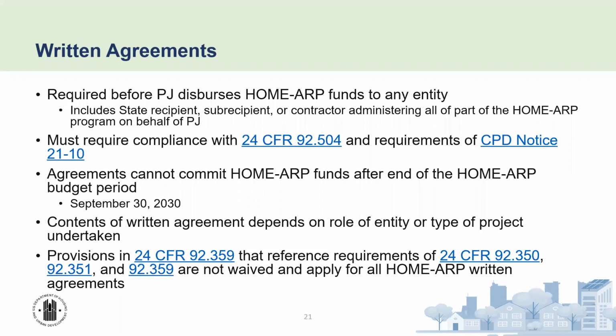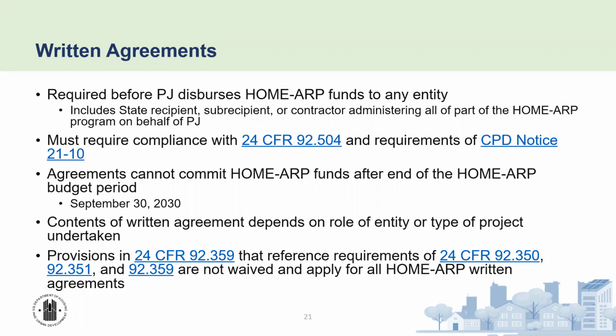Before a PJ can disburse HOME-ARP funds to any entity, the PJ must enter into a written agreement with the entity pursuant to 24 CFR 92.504. Similarly, for funds disbursed to a state recipient, subrecipient, or contractor, there must be a written agreement with the entity that complies with 24 CFR 92.504 and the HOME-ARP notice.